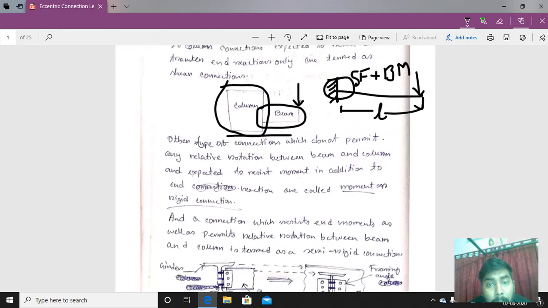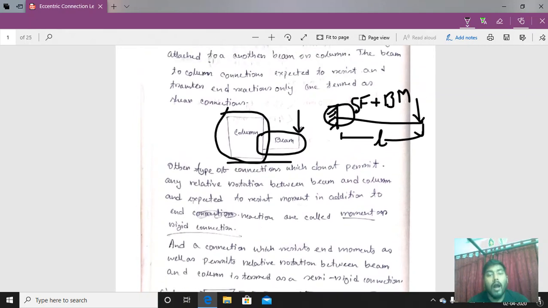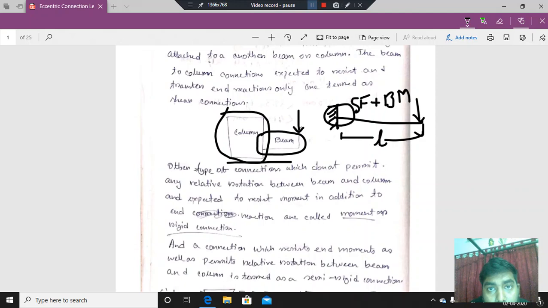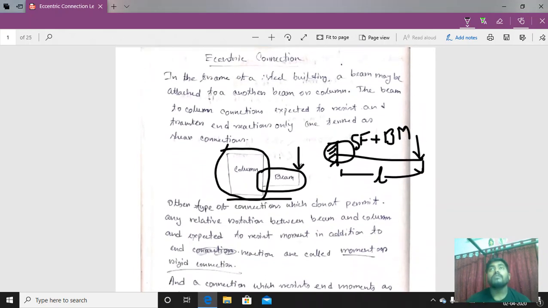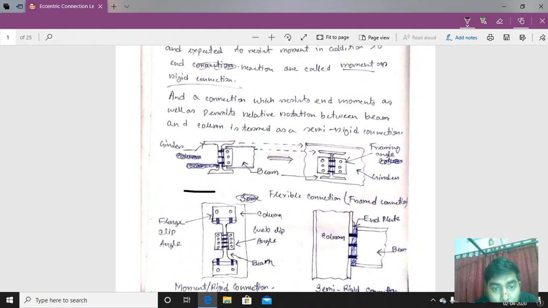Then comes another type of connection. Connections which are only expected to transfer end reaction are called shear connections or flexible connections. In this picture of the flexible connection, here you can see the beam.